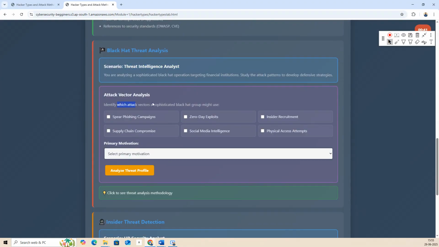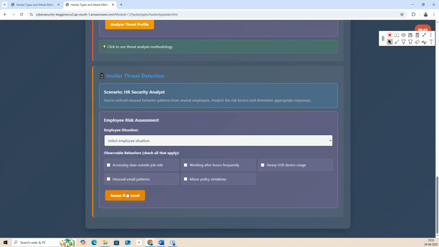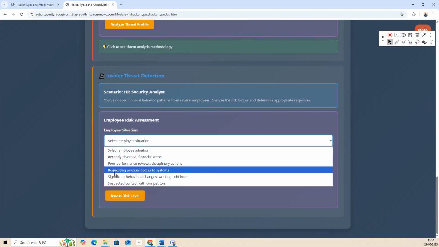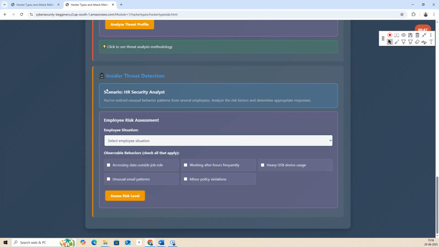And there's a scenario, attack vector analysis, and you can see the risk level you can give. For example, what is insider threat detection? How do you do insider threat detection? Scenario is HR security analyst. As an HR security analyst, you have noticed unusual behavior patterns from several employees. Analyze the risk factors and determine appropriate response.